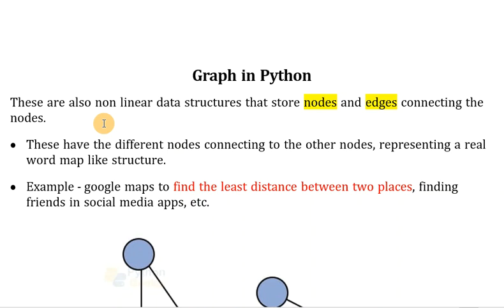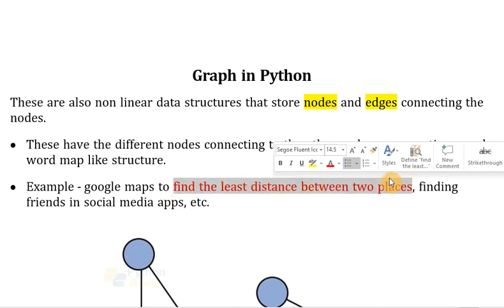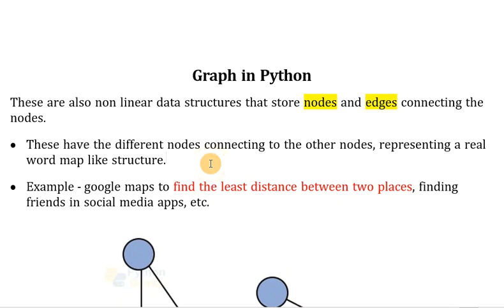What is the real life example of this? We basically use the graph to find the shortest distance between two places. This is used by Google Maps, and in a similar way, when you use social media applications, you find a few suggestions showing in your profile to send friend requests. Those suggestions come on the basis of your friends in the social media.